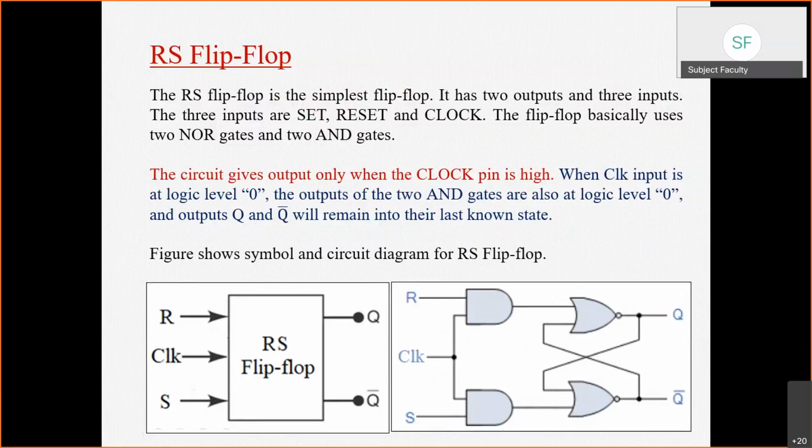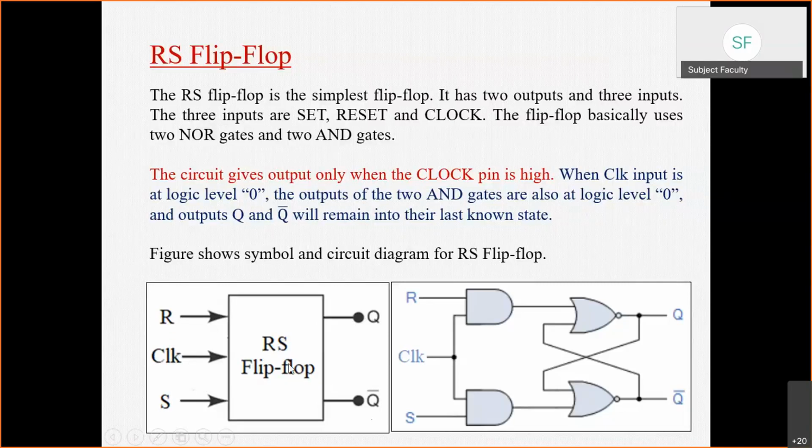Always remember, clock should be high. In sequential circuits, clocks are necessary. Clocks are very important. This is the difference between combinational and sequential. Then S stands for set. Actually, there are only two inputs, R and S, but if you consider the clock, then there will be a total of three inputs. The outputs will be the same, Q and Q bar.